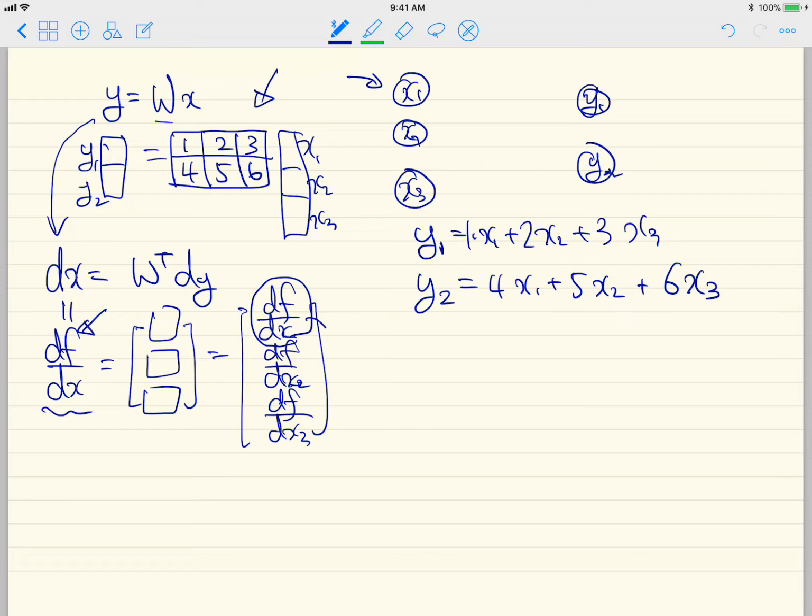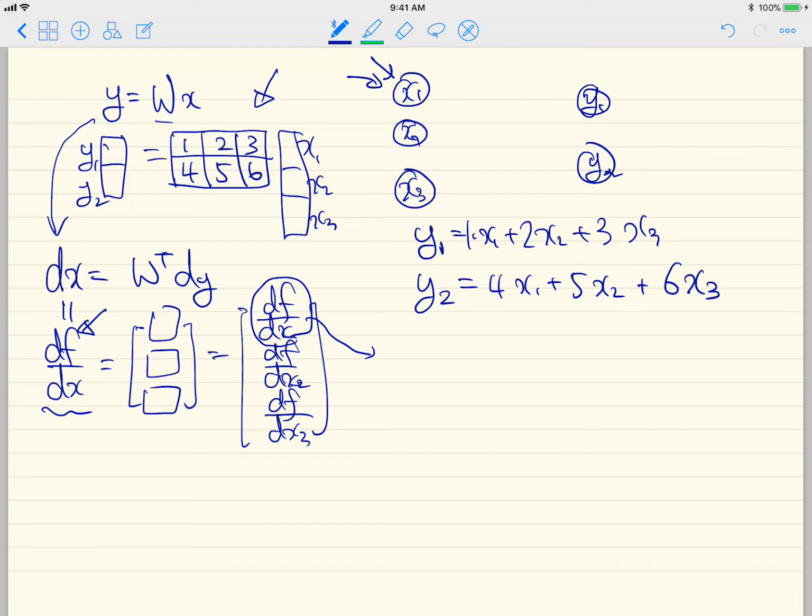Now let's think about the gradient with respect to x1. Let's focus on this node. It is branching out into two nodes, and thus the gradient coming from both nodes should be added together, right?